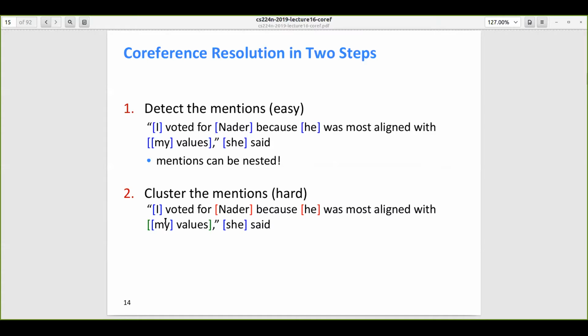Similarly, the words I, my, and she are all referring to the same entity. There is no name here, but they're all referring to some person, and from the pronoun, it is clear that it's a female. So by clustering the mentions together, we can figure out the coreferences.